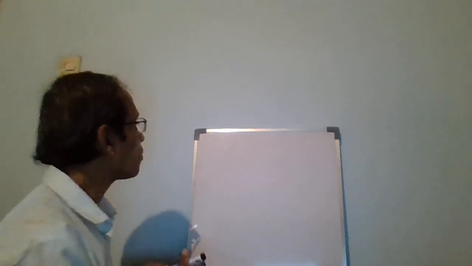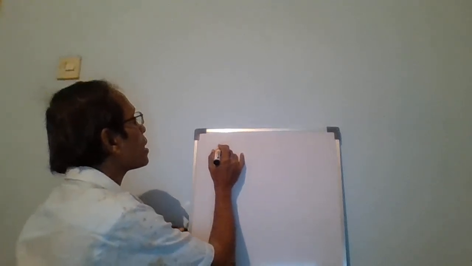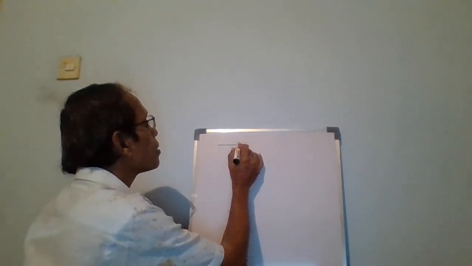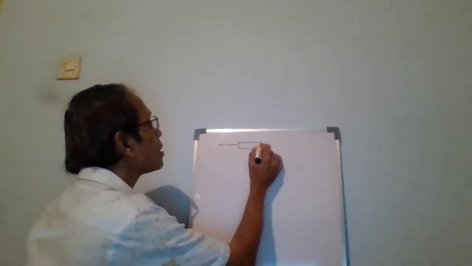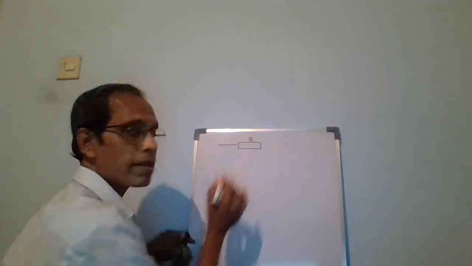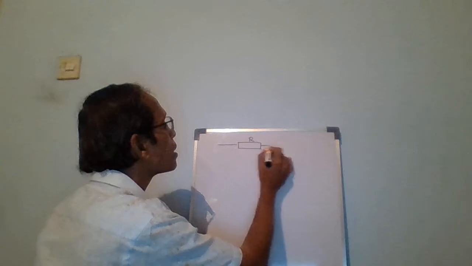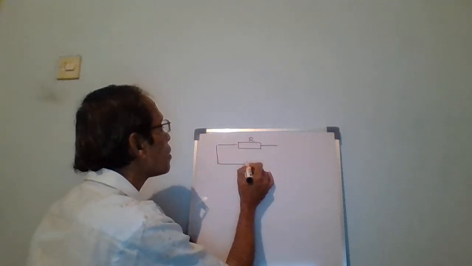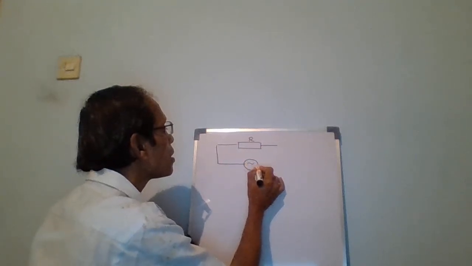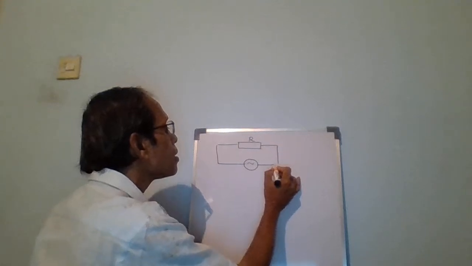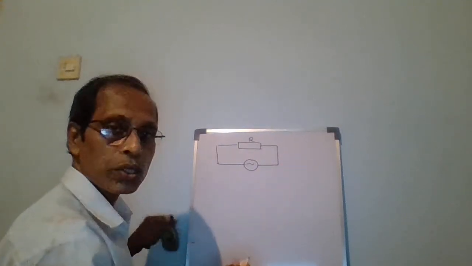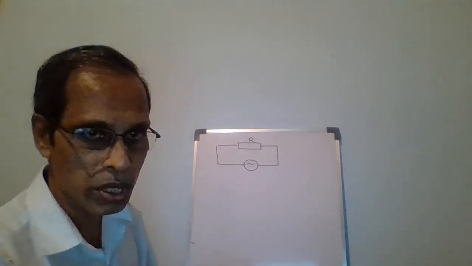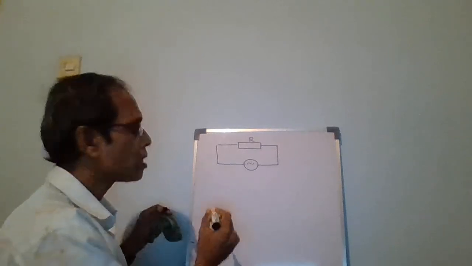Now here we have a resistance R, which is connected to a voltage source, an AC voltage source.